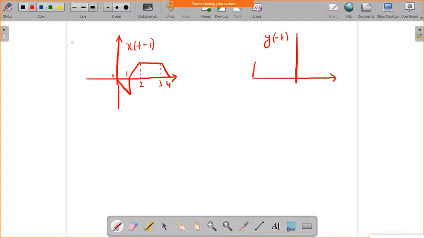So what is your y of t? Your y of t is this one, that is y of plus t. If you take it, it is minus 2 to minus 1.